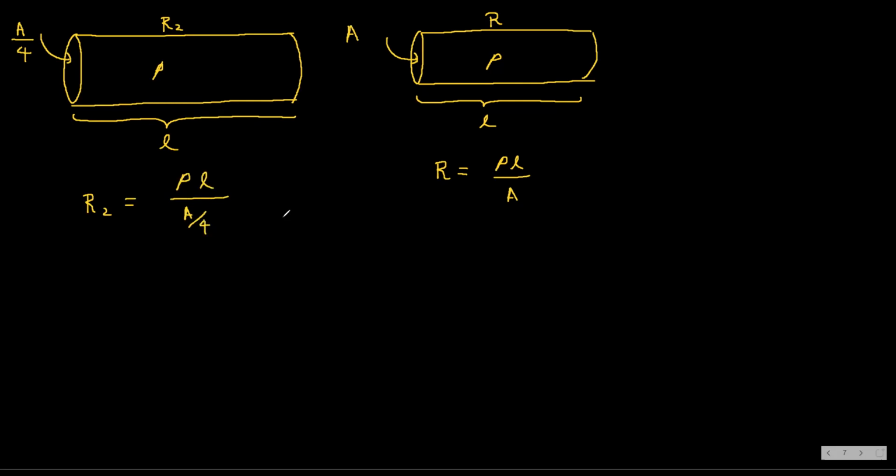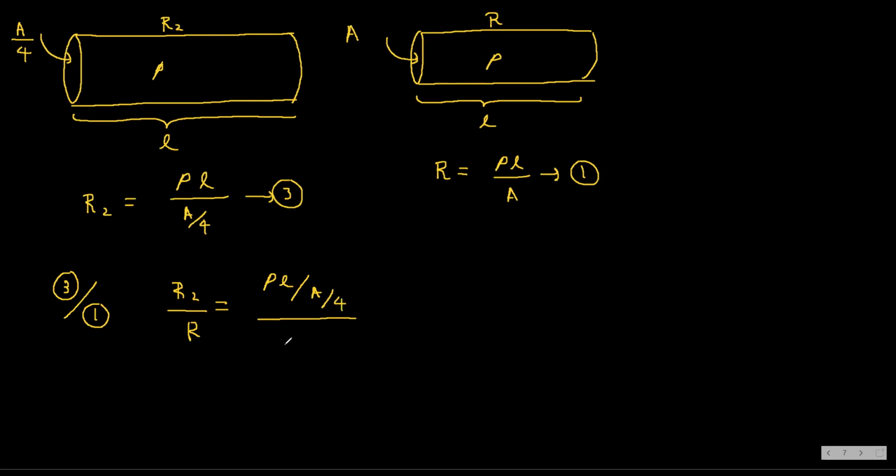Now I'm going to divide the third equation by the first equation. Then we can write R2 over R is equal to rho L over A by 4 over rho L over A. A to A is cancelled out, rho L to rho L is cancelled out, and 4 goes to the numerator.